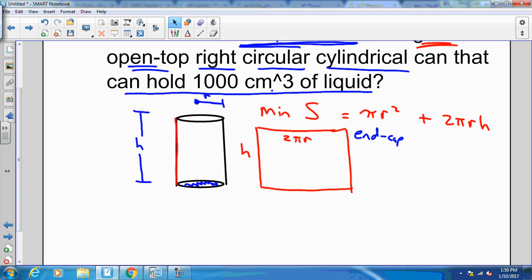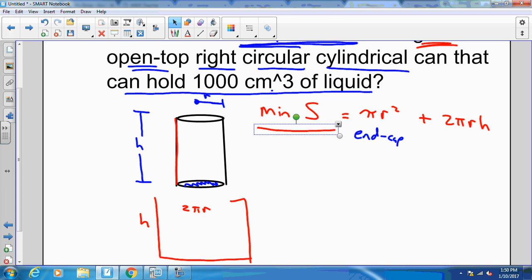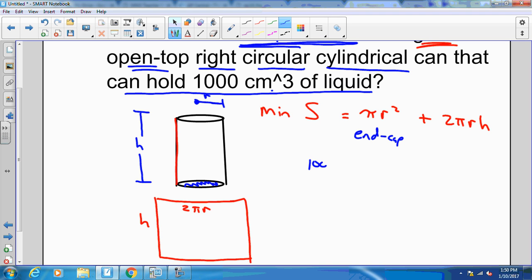we take our diagram right here and move it to there. All of it. So the volume then is 1,000, and that is equal to the area of the base times the height. And we are going to use this equation to substitute out one of the variables in our function.